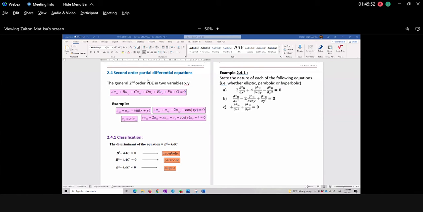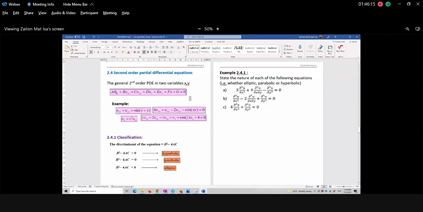2.4 second order partial differential equations. The general second order PDE in two variables x, y is given by this one: A u_xx plus B u_xy plus C u_yy plus so on. This is constant coefficient.